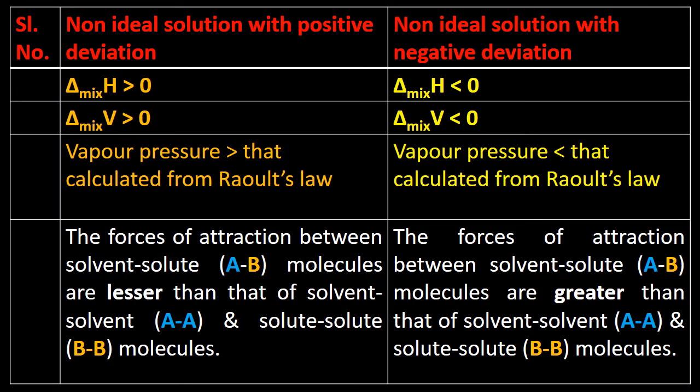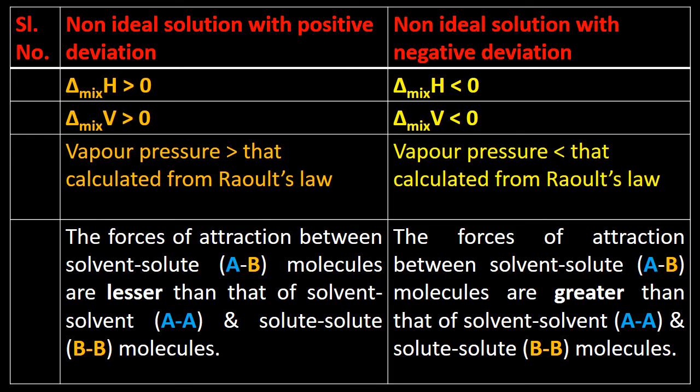Let us know the differences between non-ideal solution with positive deviation and non-ideal solution with negative deviation. In case of non-ideal solution with positive deviation, delta H mix and delta V mix are greater than 0. But in case of non-ideal solution with negative deviation, delta H mix and delta V mix are less than 0.